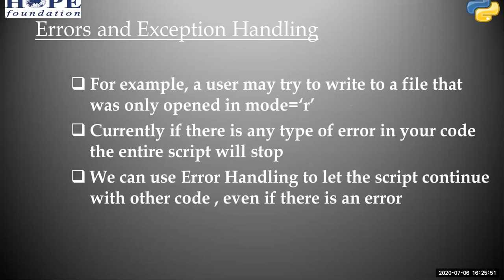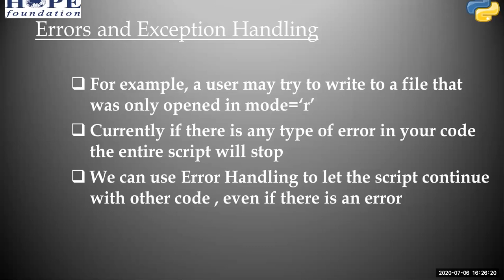For example, a user may try to write to a file that was only open in mode R. We have already seen this in our file handling session. In write option, we have to use mode W, or WB for binary, or W for text.